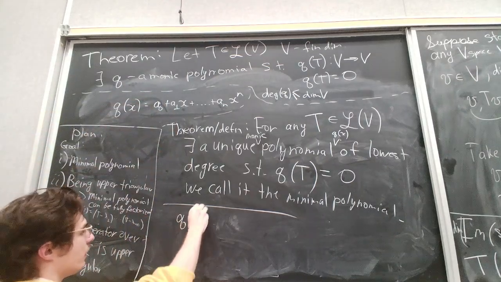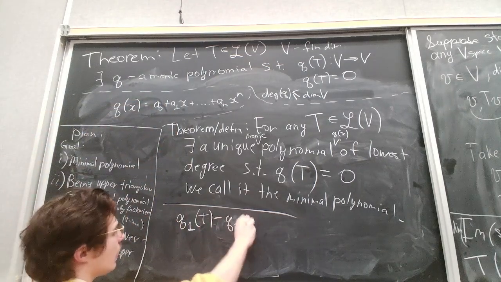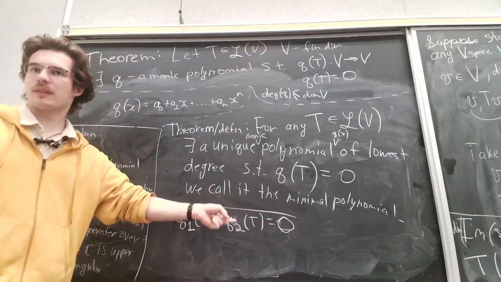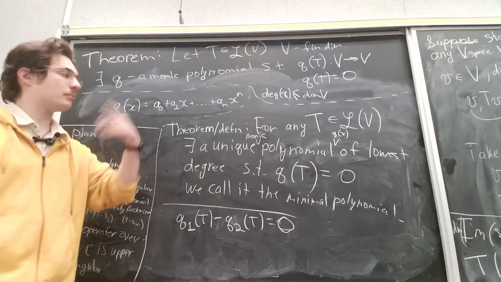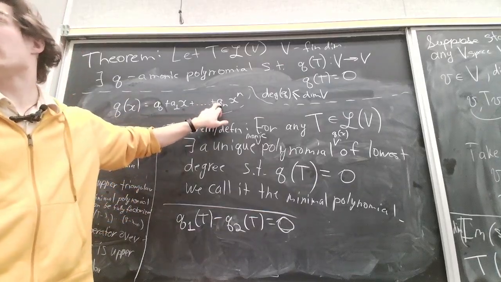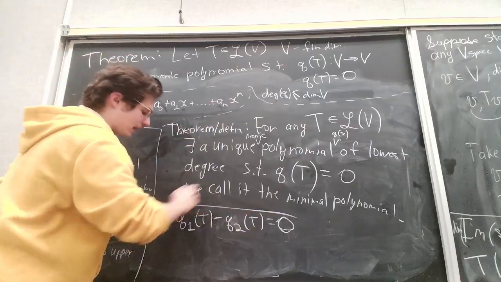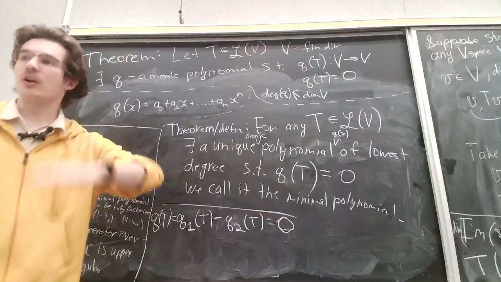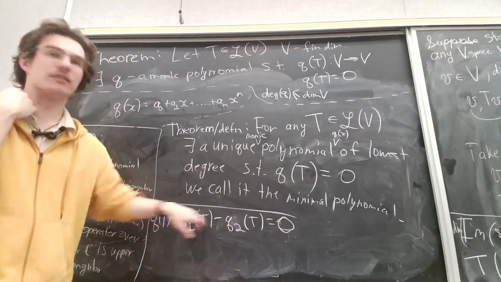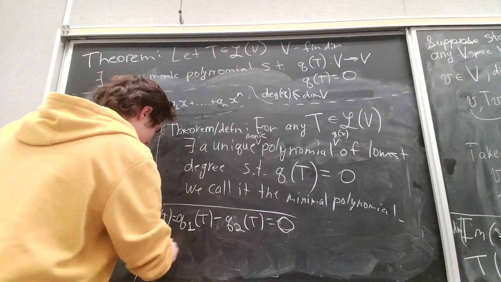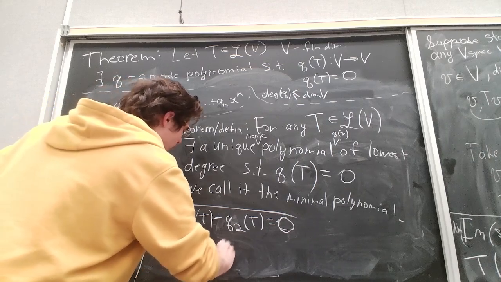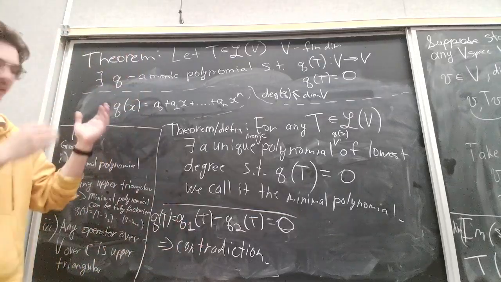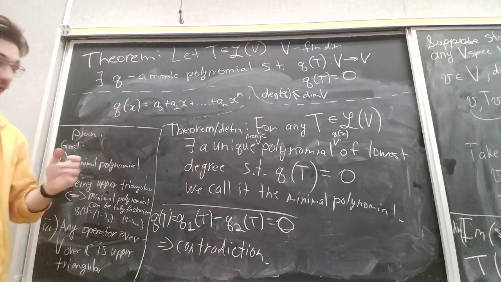But this means q1 of t minus q2 of t is still 0, because each one of them is 0. But they're both monic, meaning that the coefficient of the highest degree for them is 1, meaning that the difference is some new polynomial which sends t to 0, of even lower degree, which is a contradiction to these being of lowest degree to begin with. Okay? So I'm not writing out all of the details, but this is the idea for how one proves this.